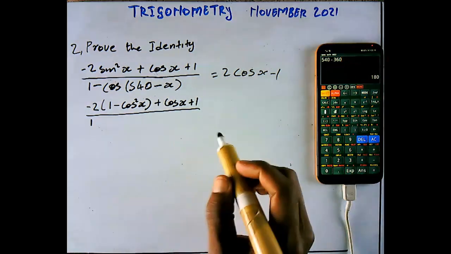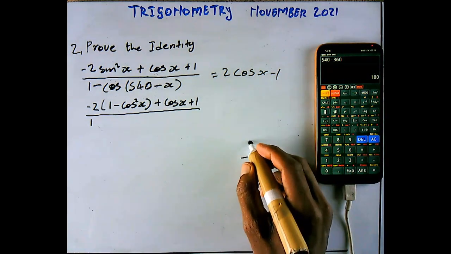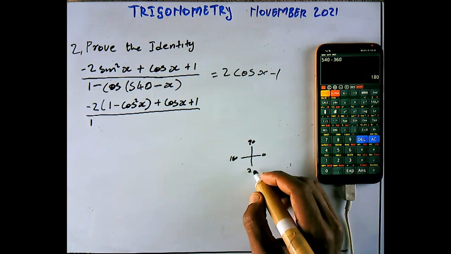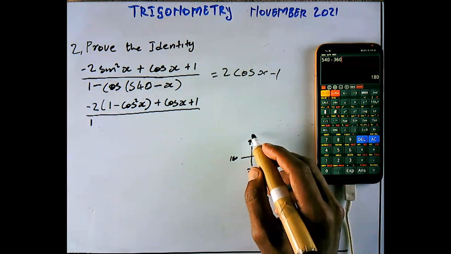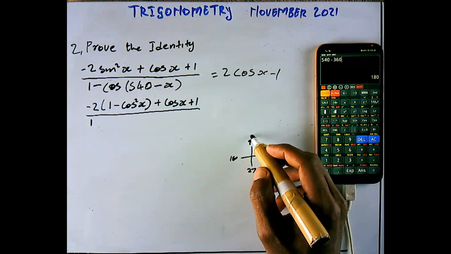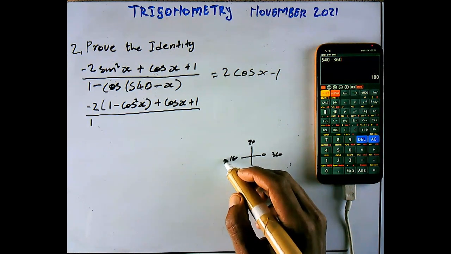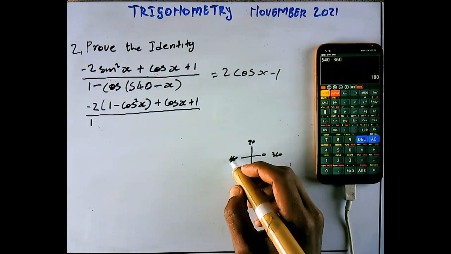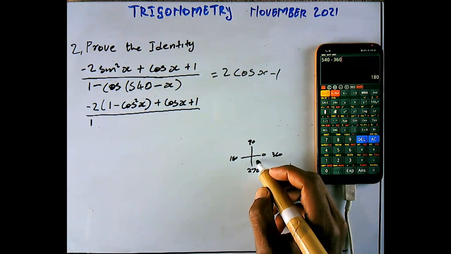We know from CAST, here is 0, 90, 180, 270, 360, then it's going forward, 450, and then 540. This means our angle is referred from here. So it's 180 minus, and here only sine is positive.